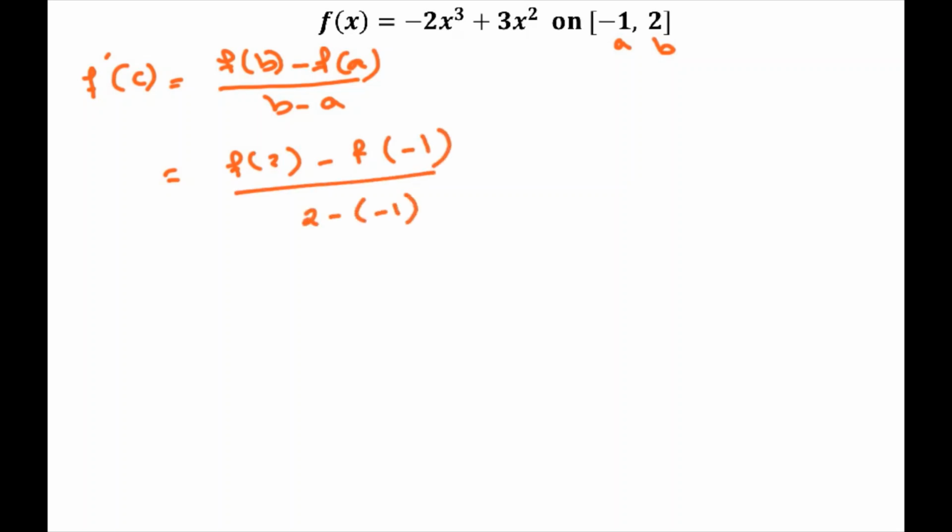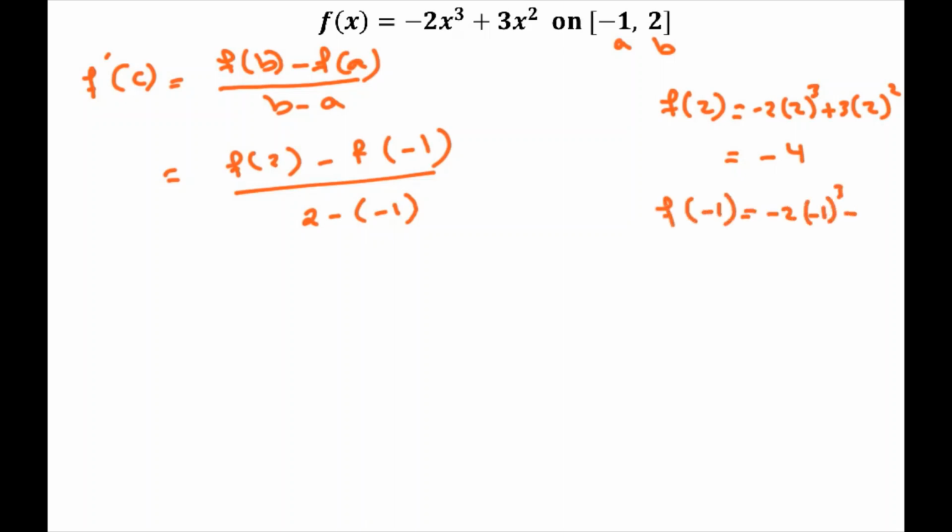Now, what is f(2)? f(2) equals -2 times 2 cubed plus 3 times 2 squared, which is equal to -4. f(-1) equals -2 times -1 cubed plus 3 times -1 squared, which is equal to 5. So you will come here and say it's equal to -4 minus 5 over 3, and that's equal to -3. That's the first part.